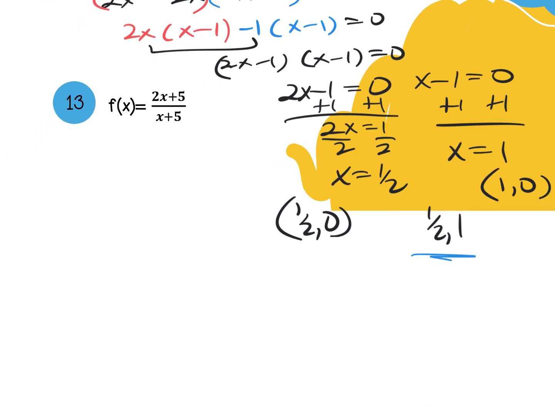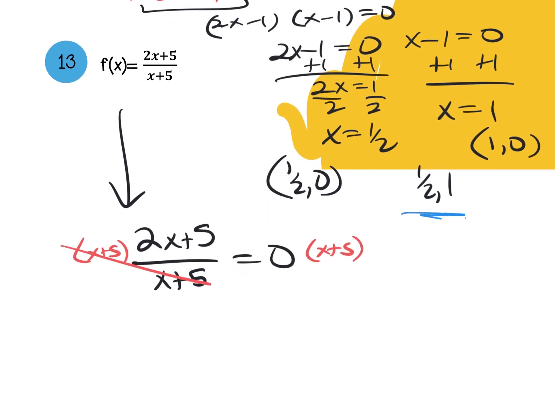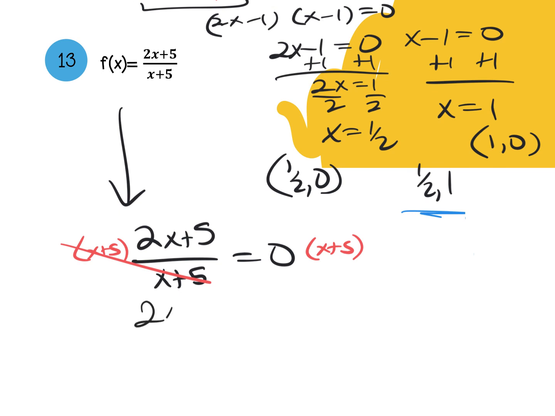And then the last one, all we're doing is setting this fraction equal to 0. So 2x plus 5 over x plus 5 equals 0. I'm going to multiply both sides by x plus 5. It'll cancel the denominator. And now I just have to solve 2x plus 5 equals 0.